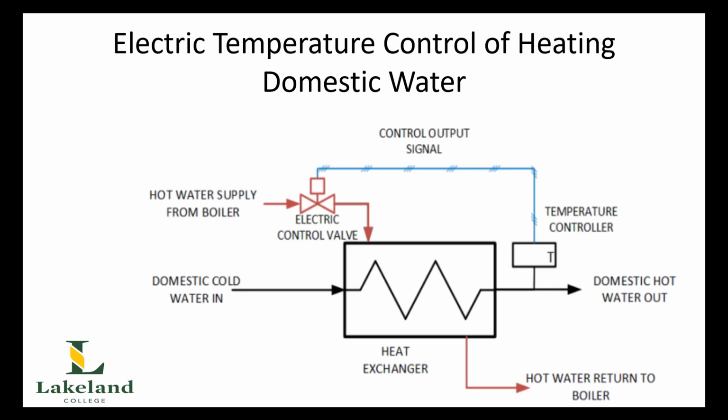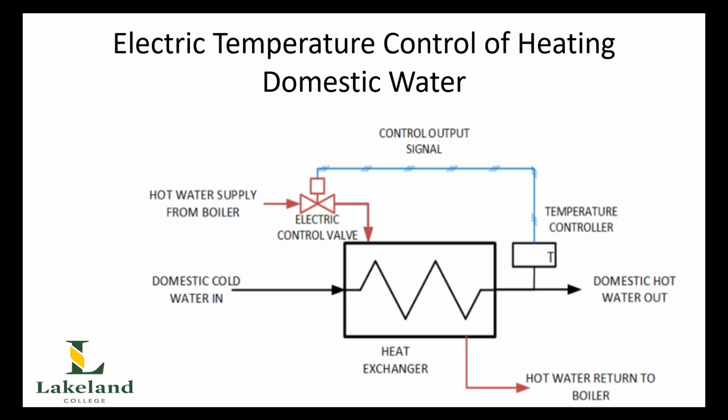Our second example is one you may recognise, as we've used it previously within this unit when talking about control loops. This is electrical control of the temperature of water, or domestic water if you prefer. The basic idea is that we have a heat exchanger where cold water enters at one end and is heated by boiler water on the other side of the heat exchanger.